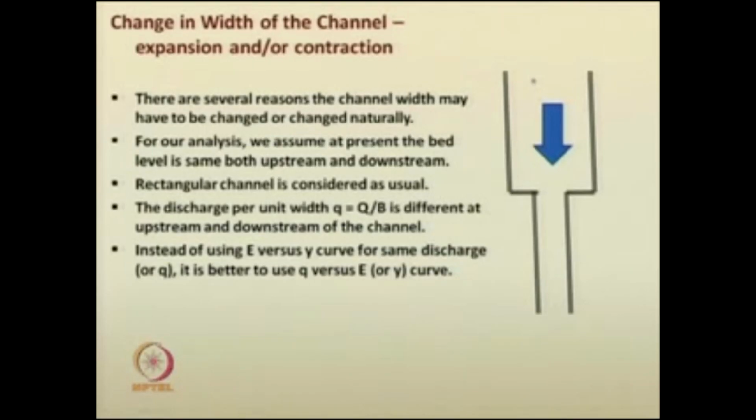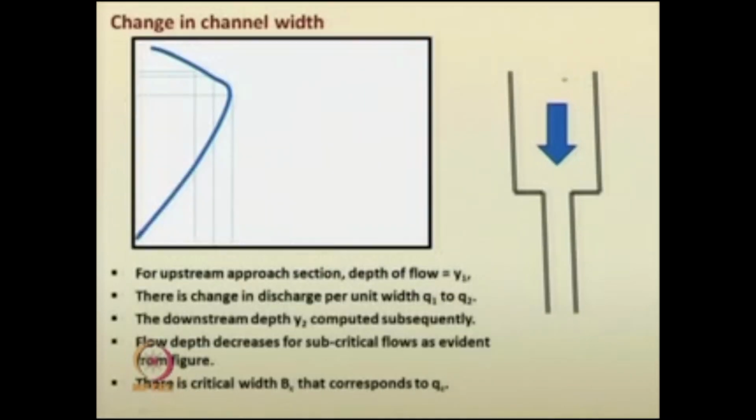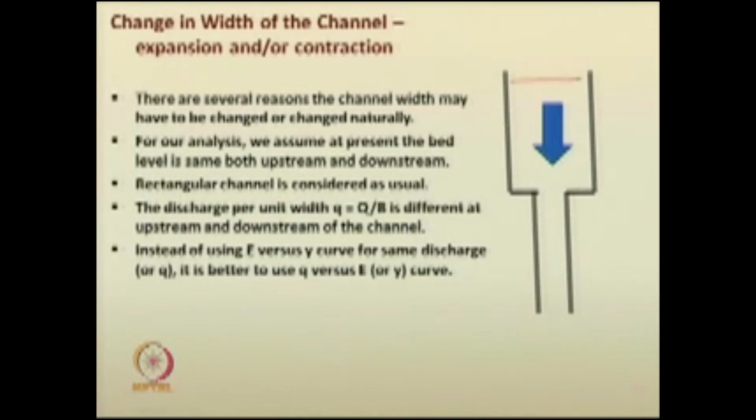Here I have given a brief top view where the flow from a wider channel is getting constricted within a narrow channel. So, flow is entering through a wider channel, but it is going out through a narrow channel. All of a sudden there is a constriction occurring in the rectangular channel.